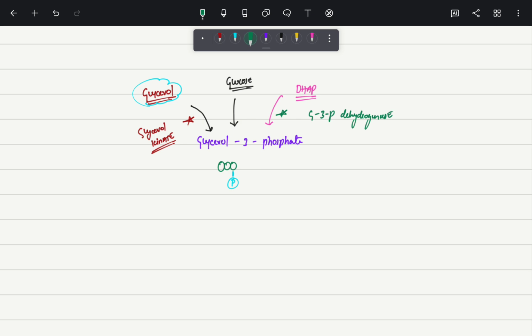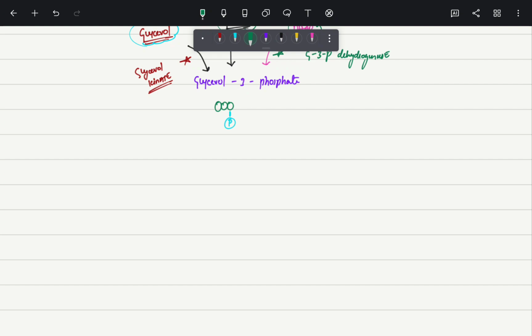So we can convert glycerol, glucose and dihydroxyacetone phosphate into glycerol 3 phosphate. As you can see here, this is the glycerol 3 phosphate, which is a type of triose phosphate.